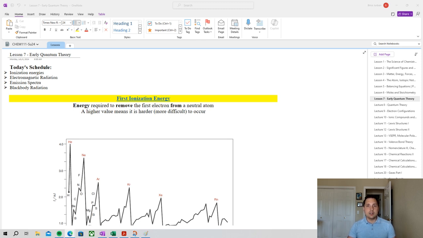The number of protons determines which element we have. For example, if we have 6 protons, we have carbon. The number of neutrons in that atom determines which isotope of that element we have. So for example, if we have 6 neutrons in carbon, we're going to have carbon-12. If we have 7 neutrons in carbon, we'll have carbon-13, which is a different isotope.